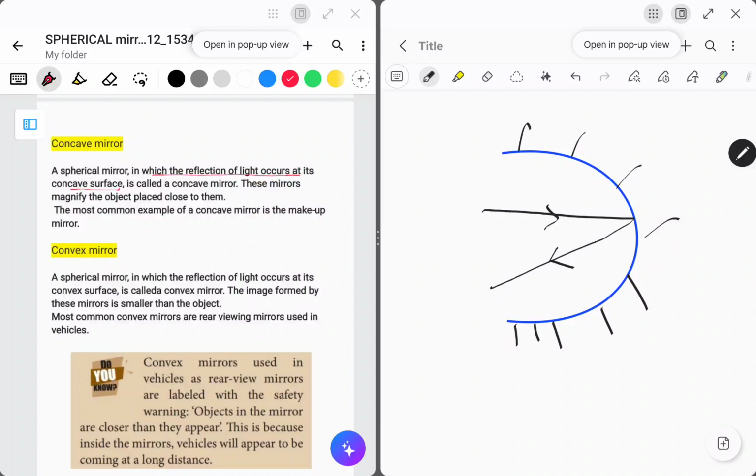So whenever light is reflected at a cave surface, we consider it a concave mirror. This concave mirror gives an enlarged image, a big image. It creates what? A big image.